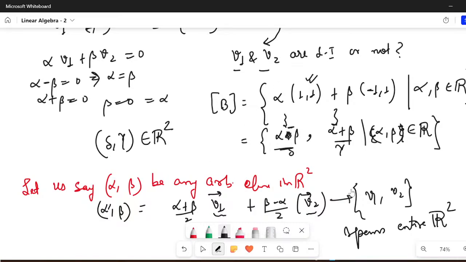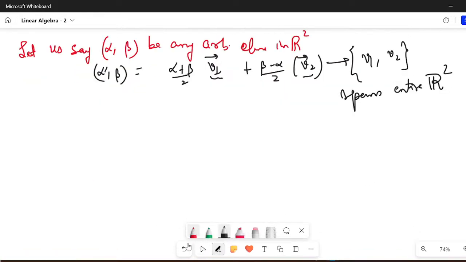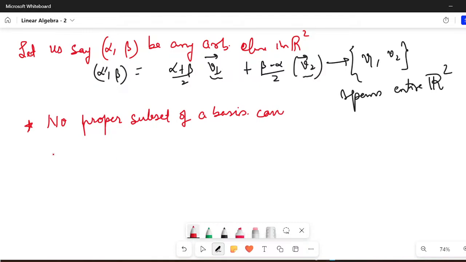Another important observation that you should keep in mind is that no proper subset of a basis can generate the whole vector space.